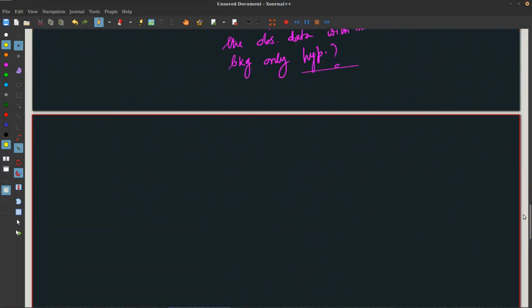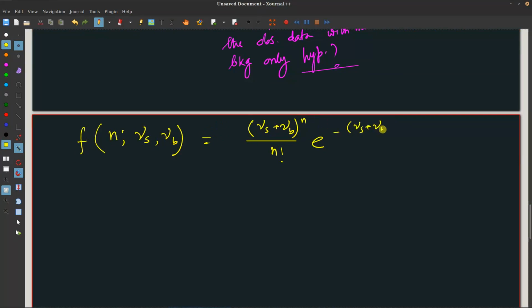The Poisson distribution is f of observing n events, given the average signal events nu s and nu b. That would be given by (nu s plus nu b) to the power n by factorial n, times e to the power minus (nu s plus nu b). That is, if both my signal and background are present, this is the Poisson distribution that would govern.